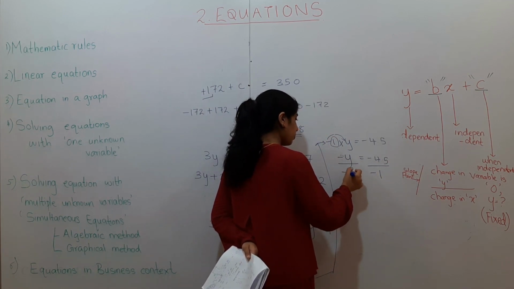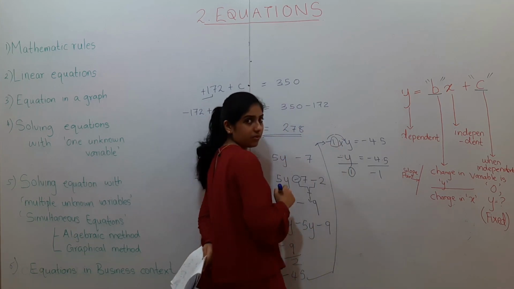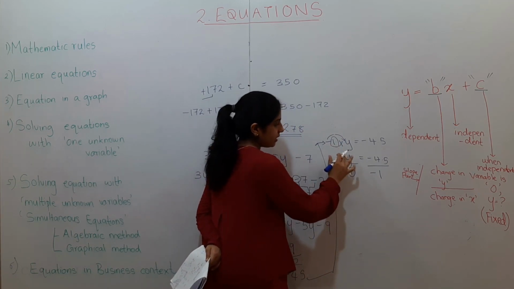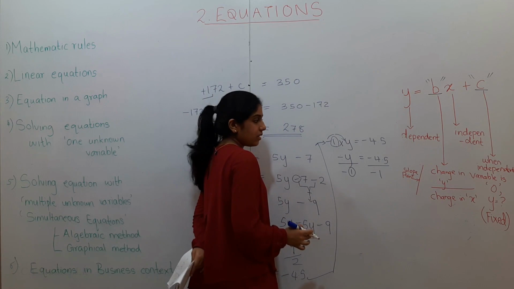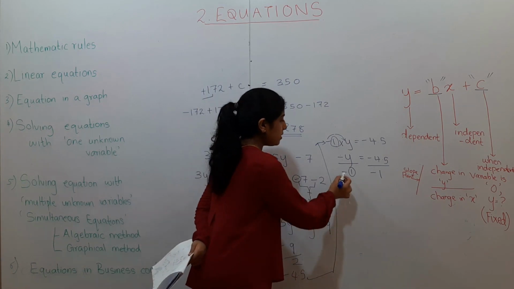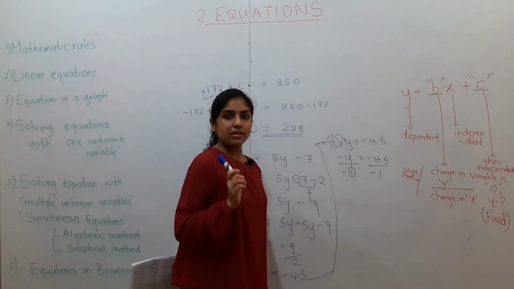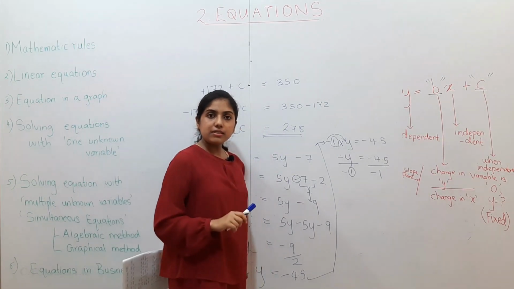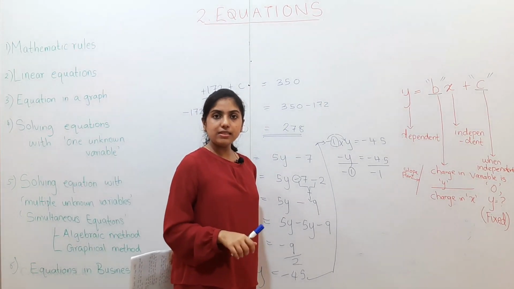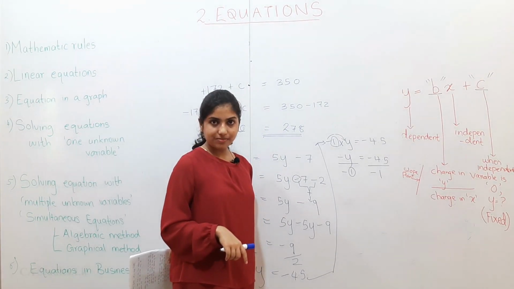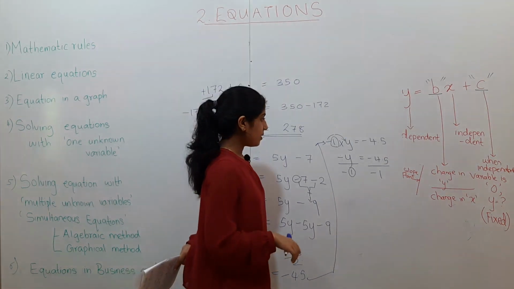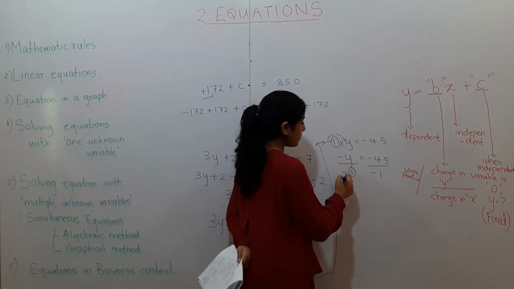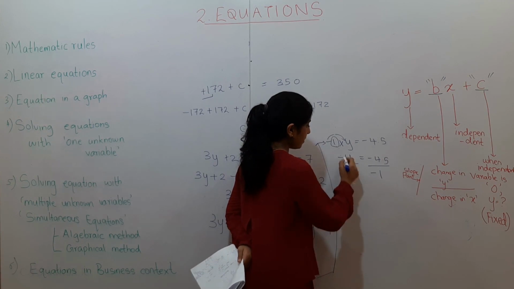The reason I took 1 is because we multiplied by 1, and the 1 is still here, it is not visible. And the reason I took minus 1 is because if you refer to your mathematical rule, minus sign divided by minus sign is equal to plus. So minus divided by minus is plus.